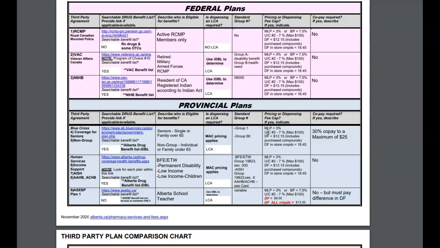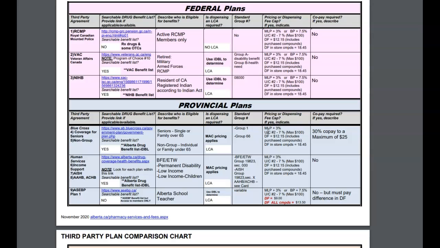This is all going to become very important when you come into dispensing lab, because we don't have the online adjudication, and that's why this is so critical for us to have this reference chart. We don't have real-time adjudication. We can't do those claims adjudications with any of these third-party plans. We're in our simulated space, so we use this document to support that and define what those copays are.